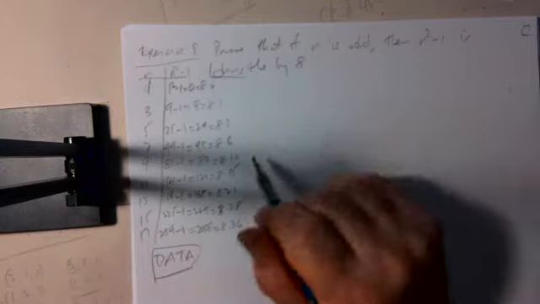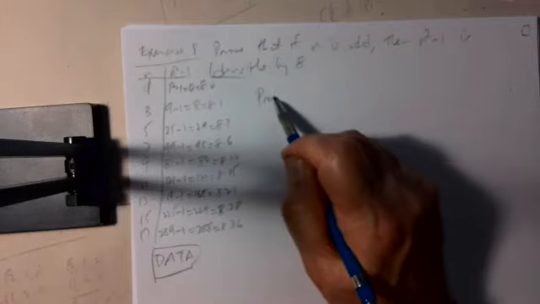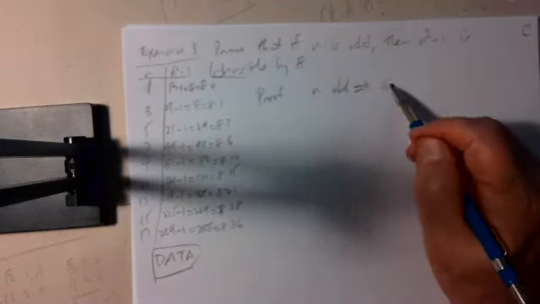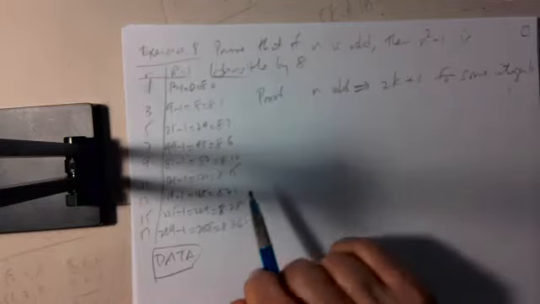You don't have to do this, but it's nice to do it just to see what's going on. But how do we do the proof? If n is odd, that means n is 2k plus 1 for some integer k.